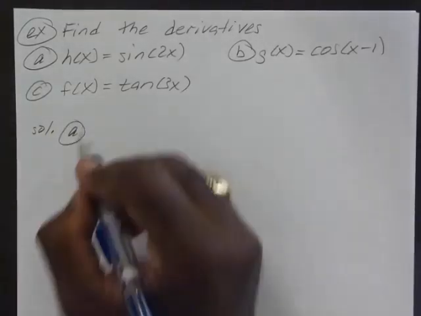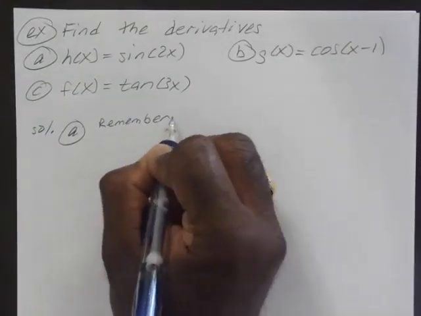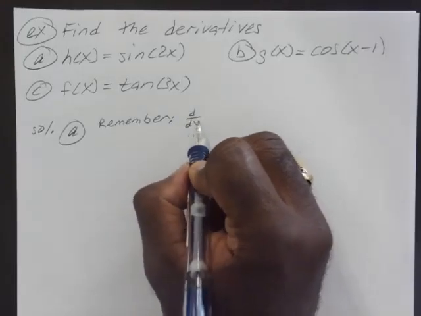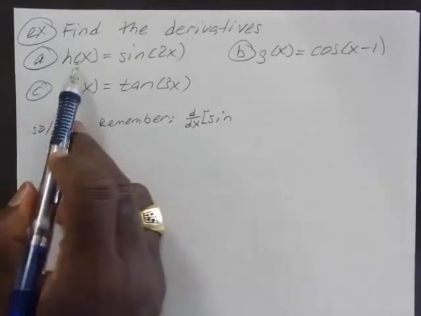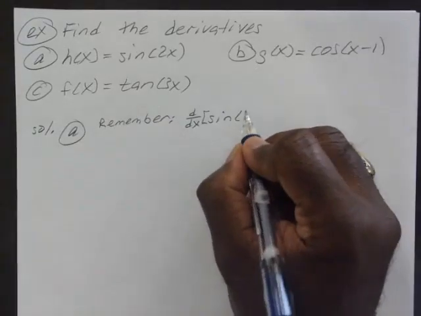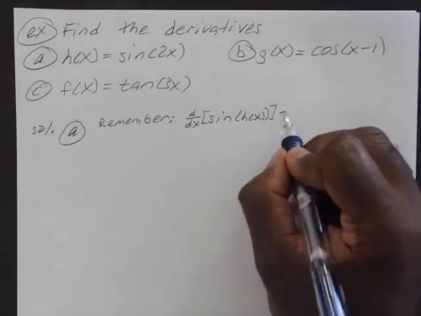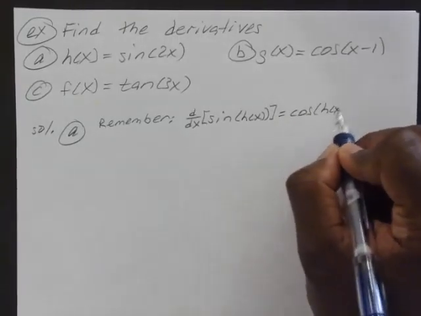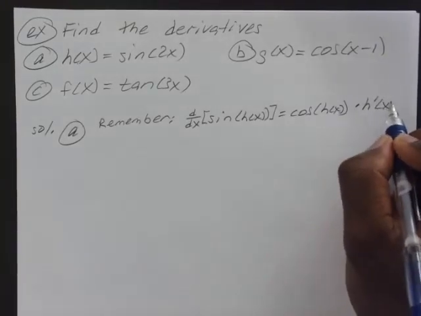Okay. Now for A, you want to remember that the derivative of sine of some function of x is equal to cosine of that function times the derivative of that function.